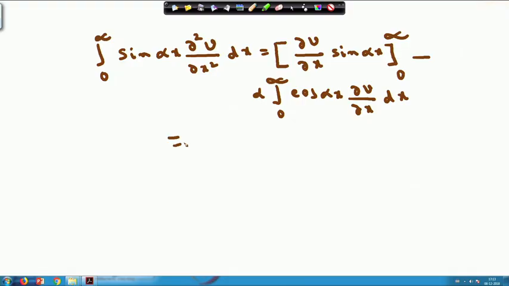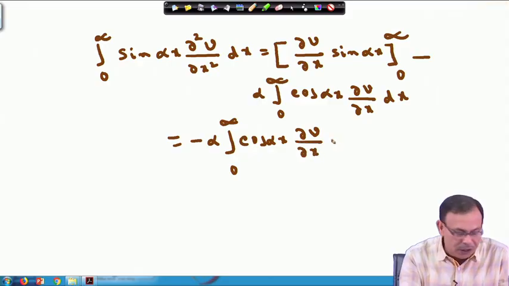So this will be equal to minus alpha into the integral from 0 to infinity of cos alpha x into del v del x dx.